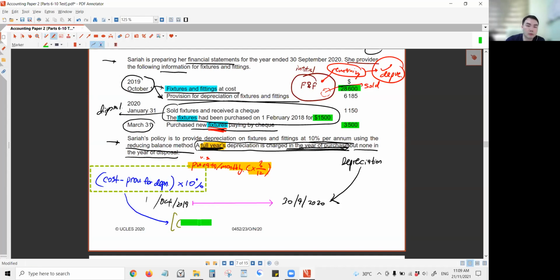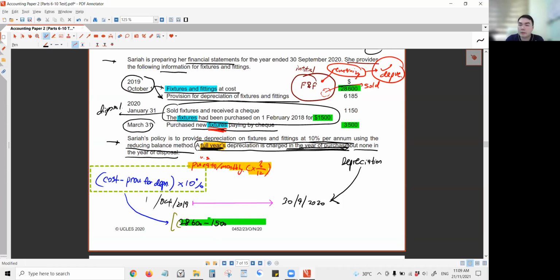So let me show you, and you follow me and write. Okay, 28600 is the fixtures and fittings you have at the beginning of the year, their cost. And then during the year, I sold off a portion, and the cost of this portion is 1,005. I remove it because I already sold it off.